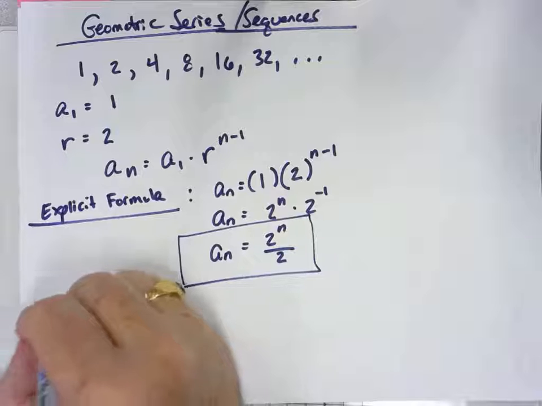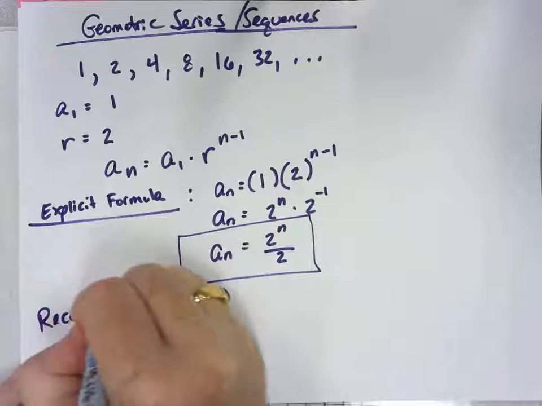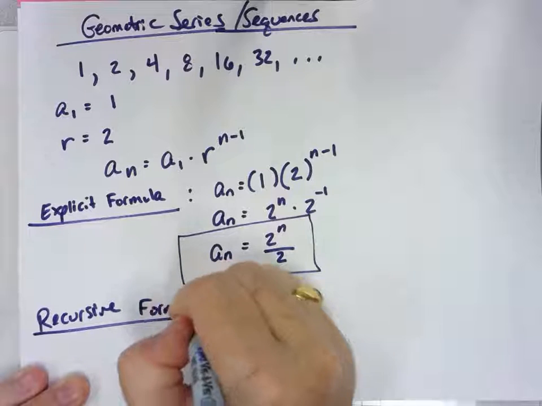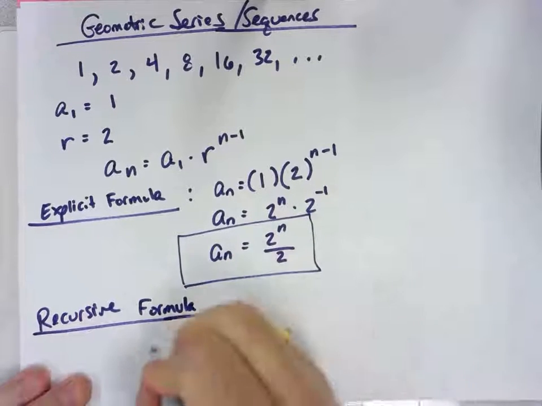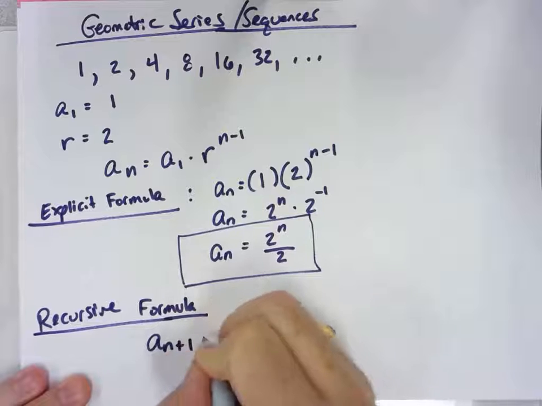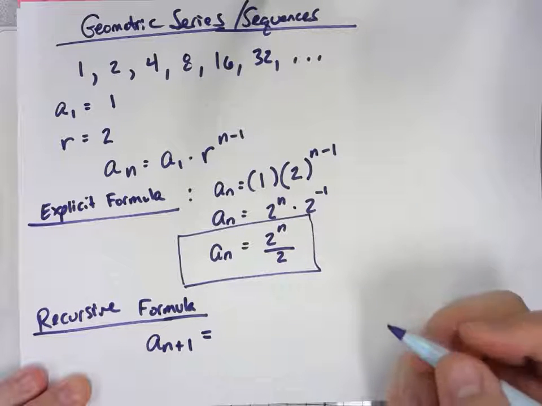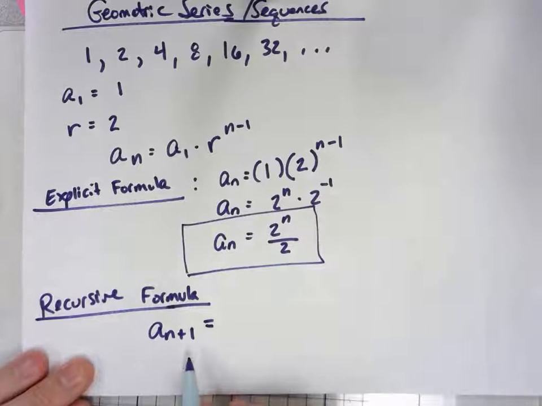The recursive formula is just as easy as the other one for arithmetic. A sub n plus 1 is equal to what? For the recursive on geometric. It's not 2 plus 1.